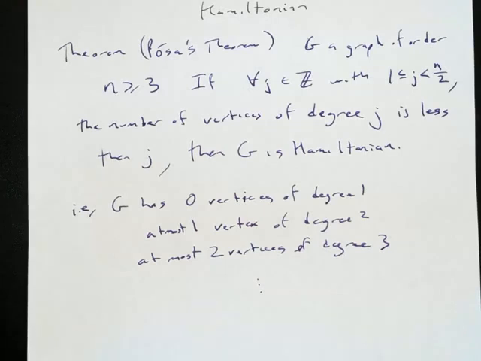If my graph is of order 100, I now have an upper limit on the number of vertices of each degree for that graph to be Hamiltonian. Instead of counting pairs of degrees, I have to count individual degrees. Again, this is a proof by contradiction, and we build the closure of the graph to determine it. But I've got 30 seconds left today, so I'm not doing this proof.